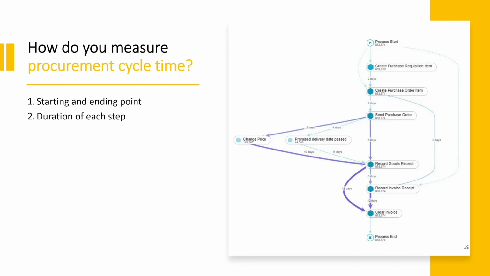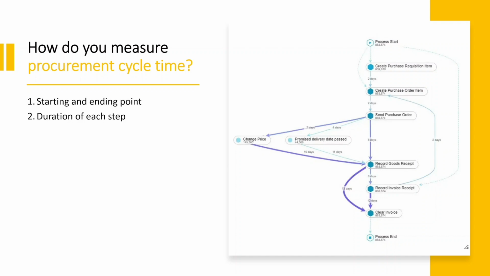Once we identify that, we have to identify the duration of each step in the procurement process. So this could include activities such as the PR creation, that is the purchase request creation, and the creation of PO is another step, or you can call it as an activity, or sending the PO to the supplier is another activity.